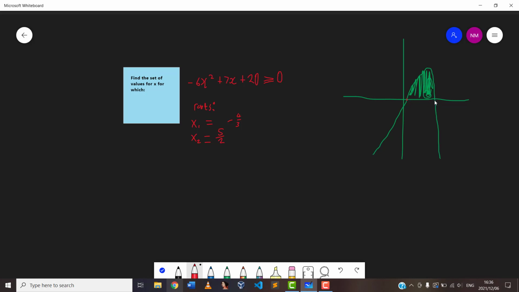So the x values between x1 and x2. So that could just be represented as minus 4 over 3 is less than or equal to x, or is less than or equal to 5 over 2. So that just represents all the x values over here.